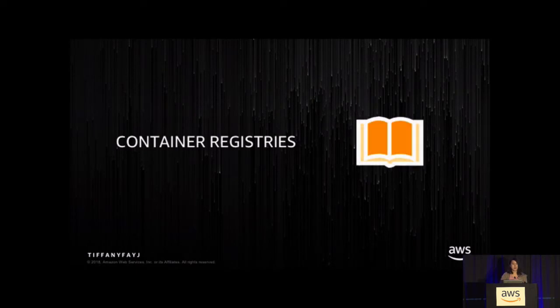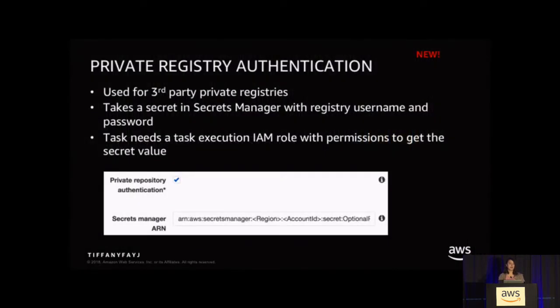So Nate earlier mentioned that we have ECR. So let's talk a little bit about container registries. With Fargate, we support private registries, public registries, such as Docker Hub, and if you saw recently, we introduced private registry authentication.